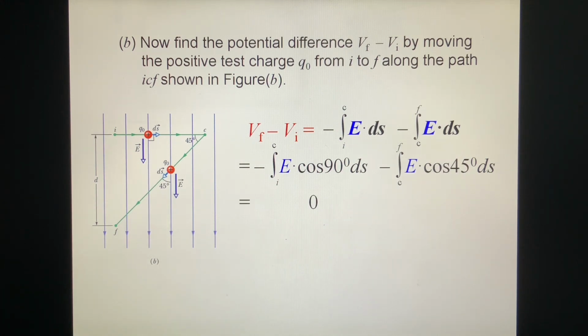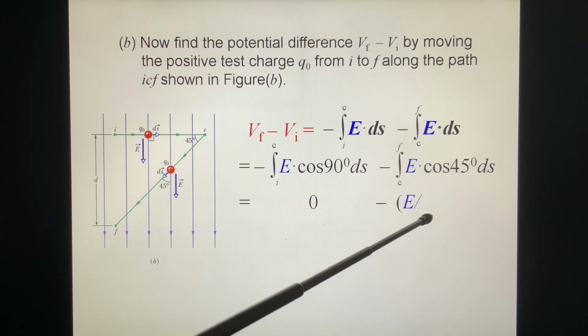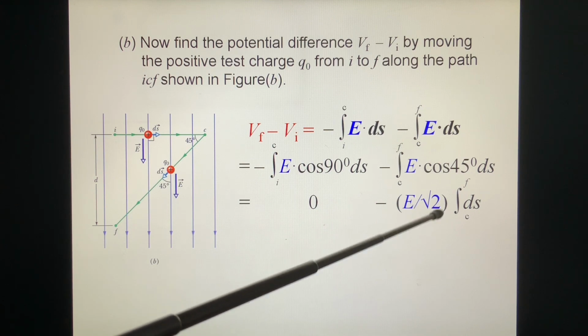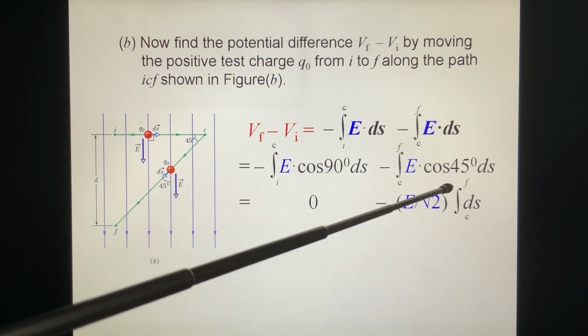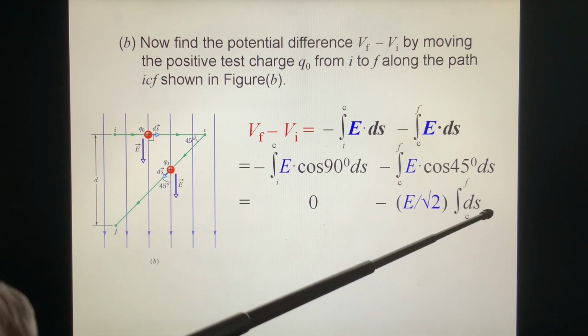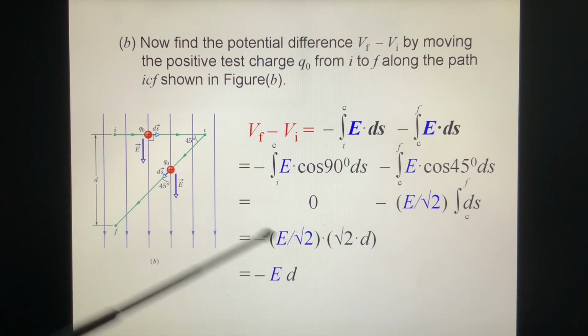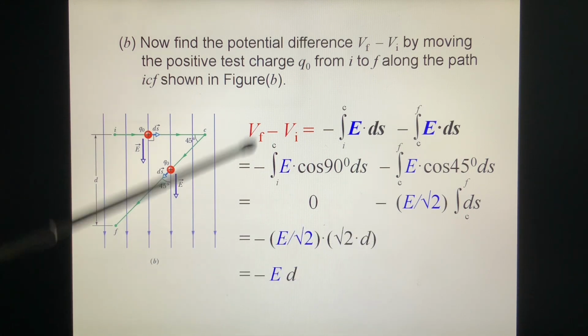So that is E square root 2 over 2 times the integration of ds. This is length S, in this case this one, and this one is d square root 2. So we get minus dE, the same as before.